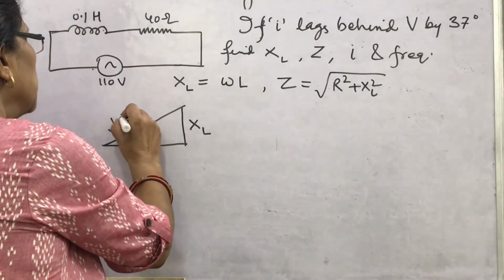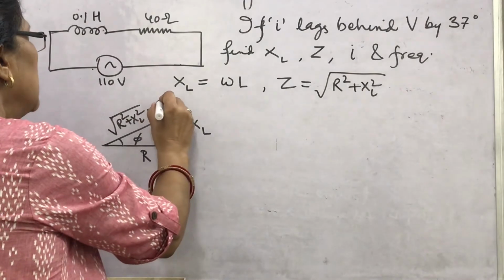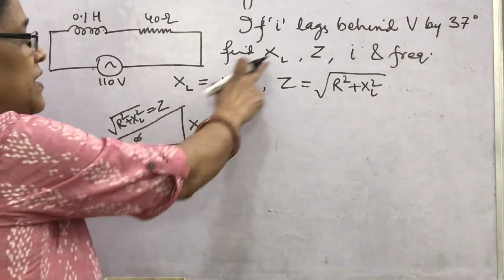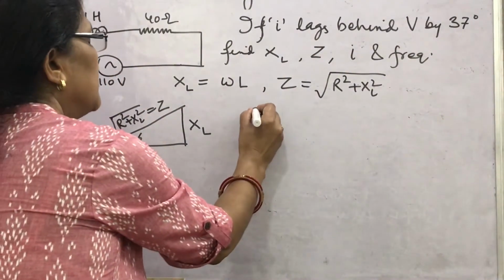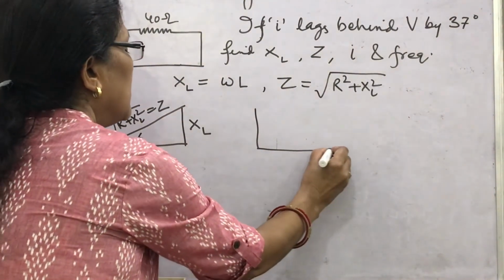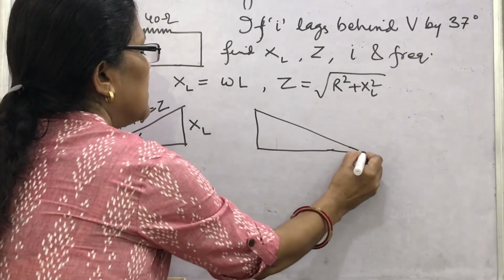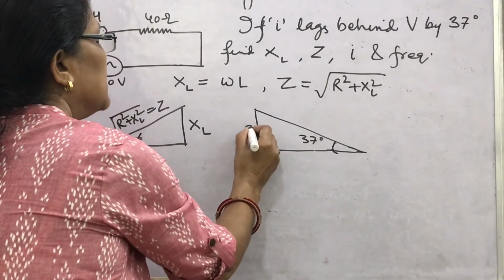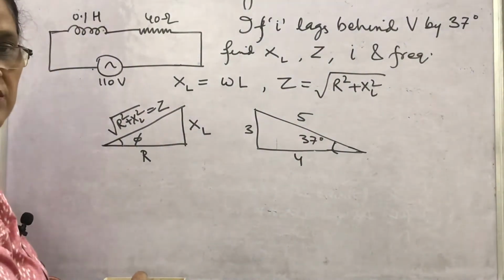Under root R square plus XL square. What is this called? Z. So here it is given, what is phi? 37 degrees. Learn that for any triangle, if this angle is 37, then the sides are 3, 4, 5. You should learn this.